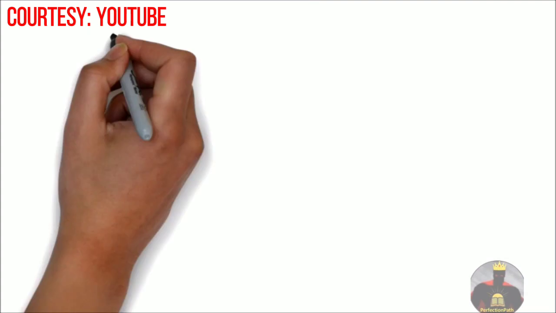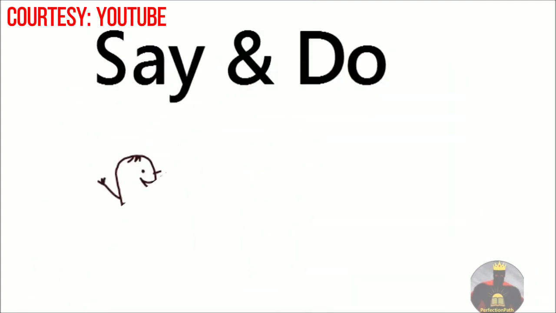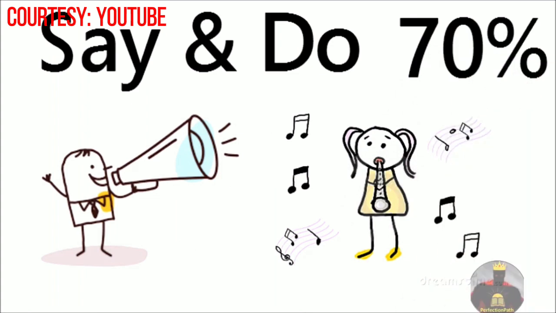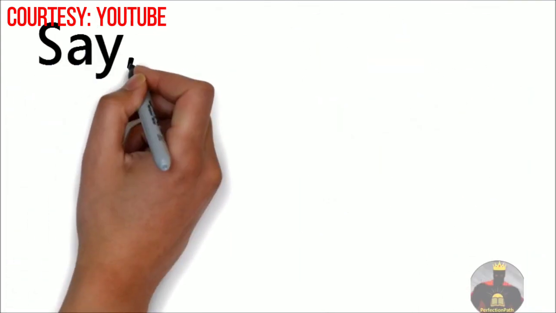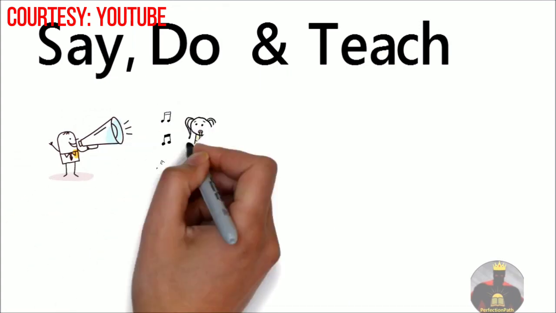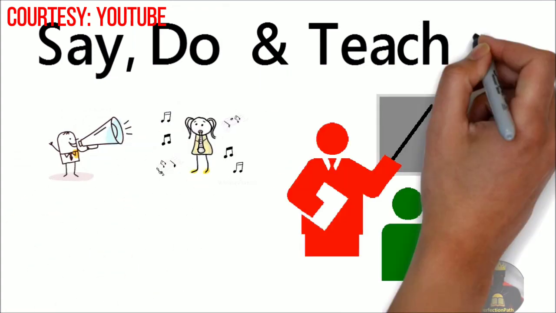If you say or do the thing that you learned, you will increase your retention rate up to 70%. If you say the lesson you learned or you do the skill you learned, and you also teach other people the skill you learned, you will increase your retention rate up to 90%.